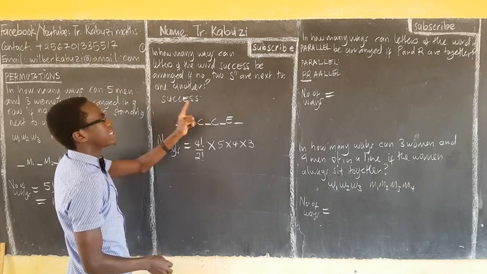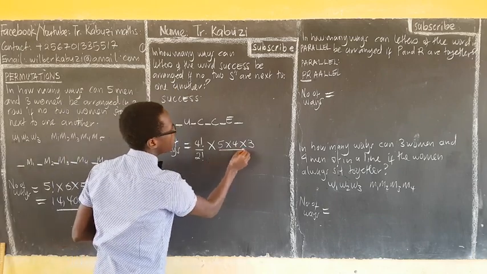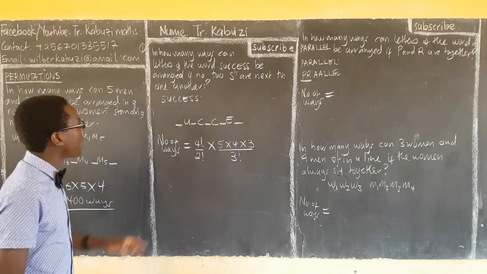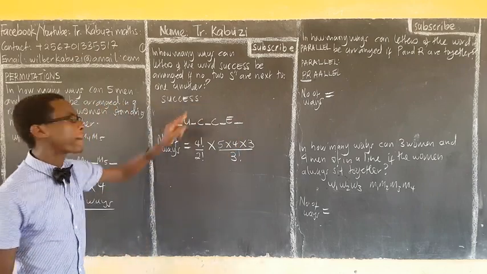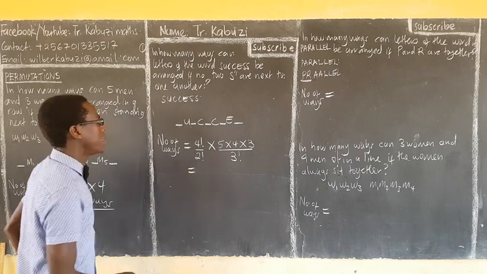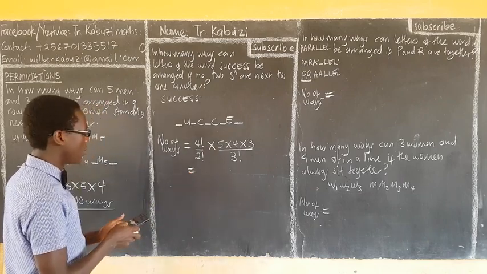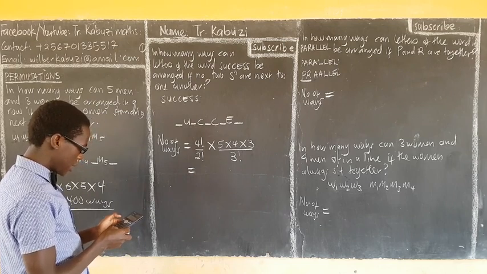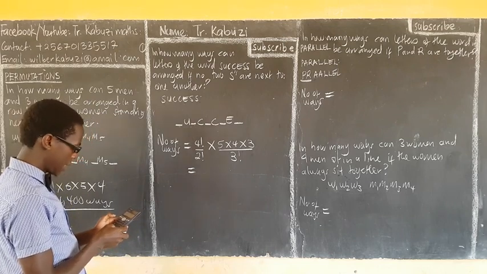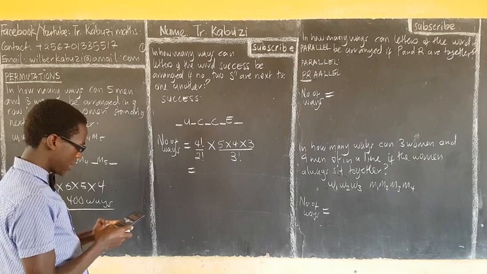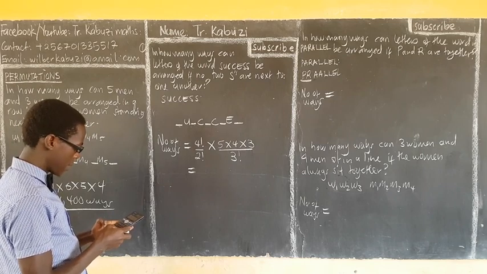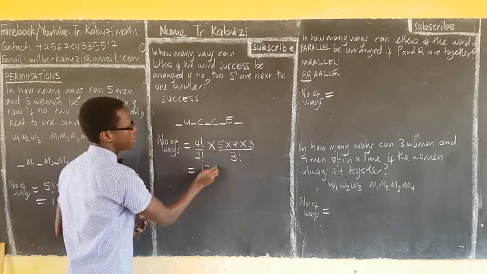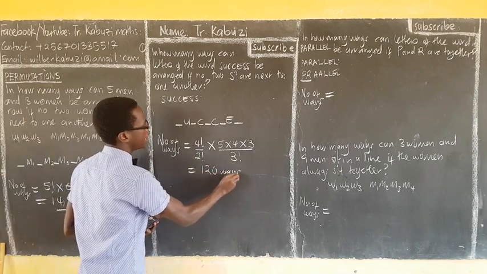But because these S's are similar, they can be arranged in 3 factorial ways, because for them they are similar, which is going to give me, when you compute that, you have 4, 2 times. So here I have 120 ways.